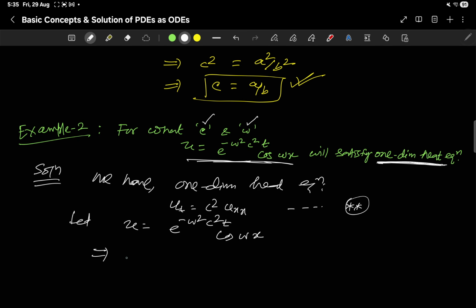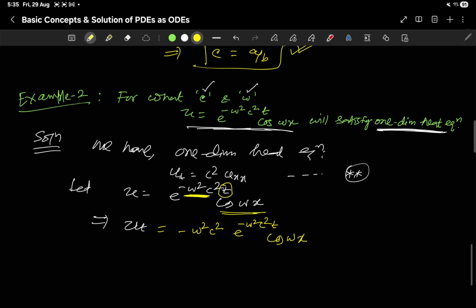So we find ut. If you partially differentiate with respect to t, this factor is multiplied with t, so by chain rule it will be minus omega square c square e to the power minus omega square c square t cos omega x, while omega x remains silent. Similarly, what is my ux? Ux is only the differentiation of cos omega x.